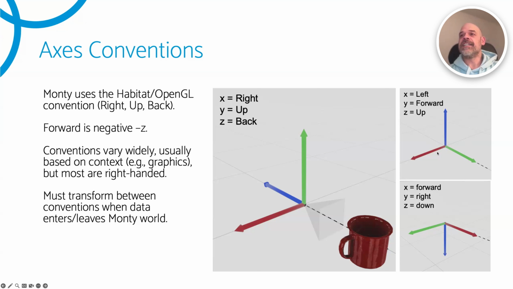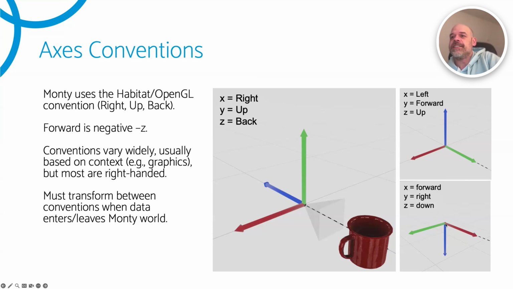You can imagine taking this x-axis here, and rotating this green one towards the blue one, and then we would have that. So you can transform between Matplotlib data and Monty data through one rotation about the x-axis by 90 degrees.